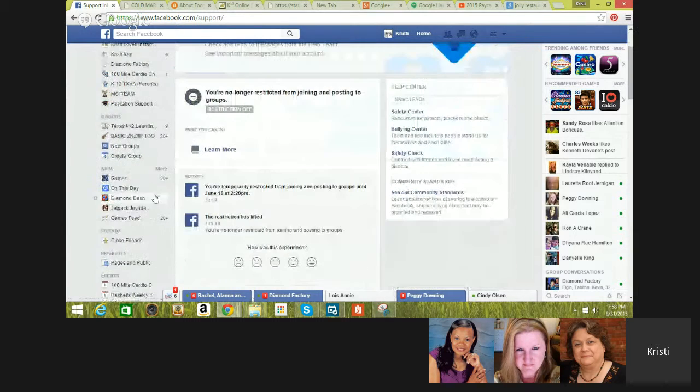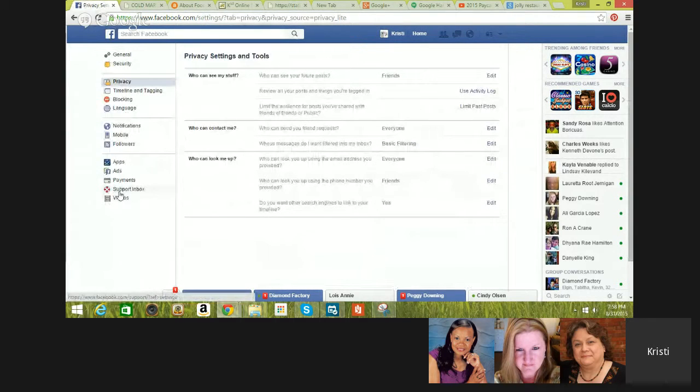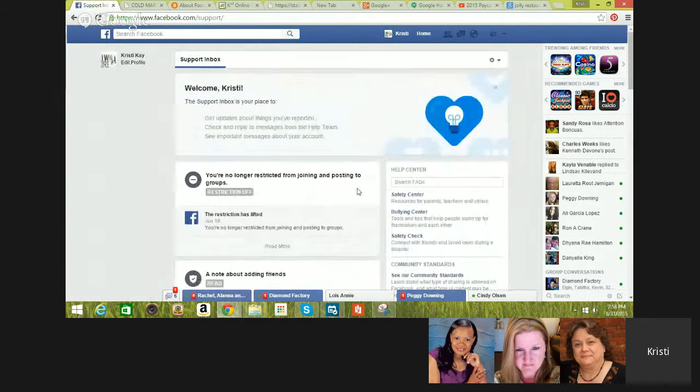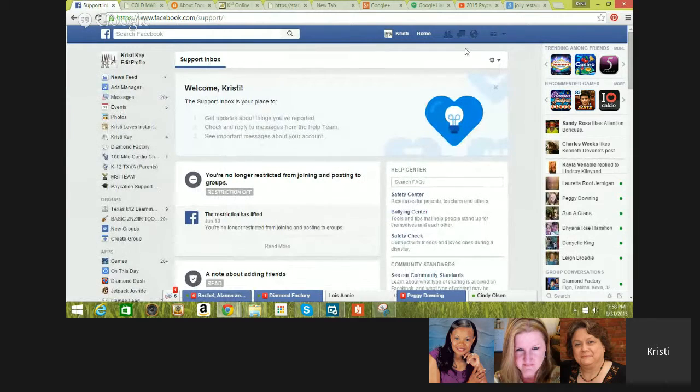To get to that, you go to more settings, down to support inbox, and it's like this. It will take away, you're not able to even comment on your news feed. You're not able to comment on group postings, group chat boxes.